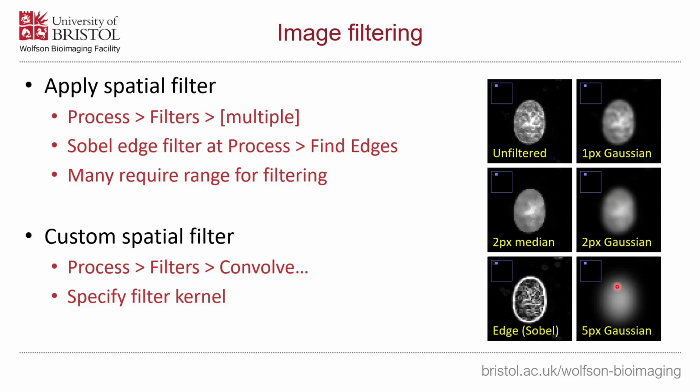The Process Filters menu also includes a range of other filters, such as the Sobel filter, which enhances edge features. So you can see here this bright ring with some smaller ridges where the texture changes within the image. You can also specify your own filter if you're referring to a paper and they've specified a particular kernel, although typically everything you'd want would be within the standard filters.